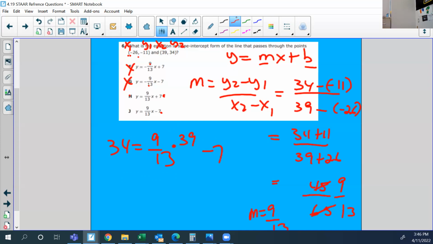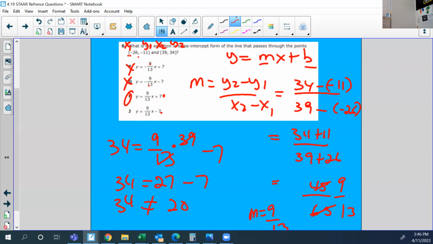Again, divide 13 into 39, that goes 3. 3 times 9 is 27. So I'm going to have 34 equal to 27 minus 7. 34 does not equal 20. See that? So just by plugging the points into the equation, I can see which answer is correct. So H is the correct answer.